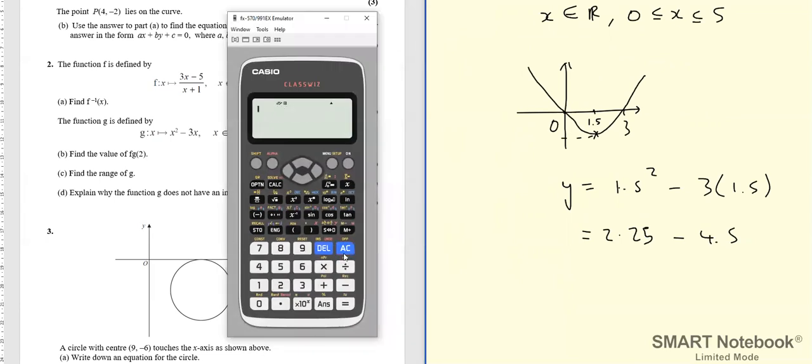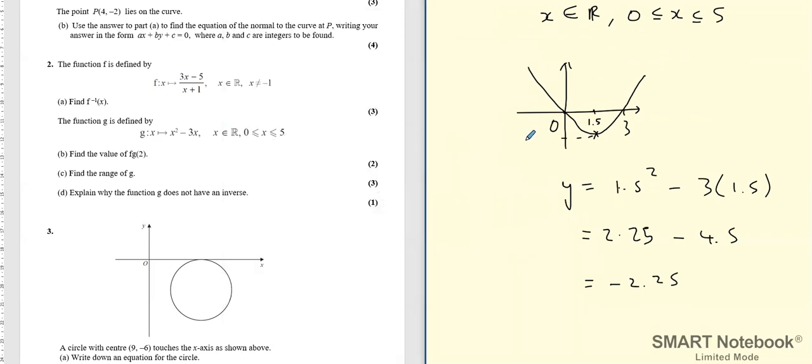So I'm getting minus 9 over 4, which is minus 2.25. That's one way of doing it; we can do it a number of different ways. We could have completed the square, we could have used differentiation. All of those ultimately would have helped us get to the same answer.